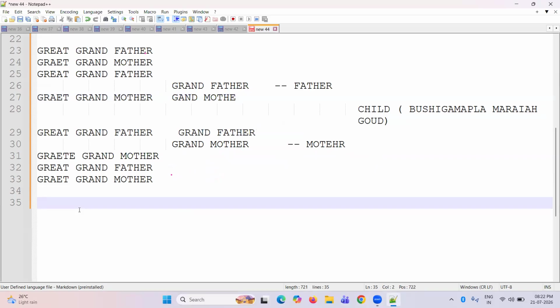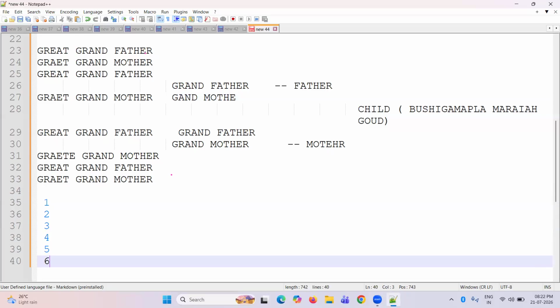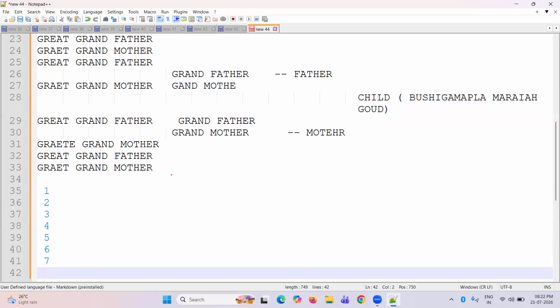Think like we have one model, two model, three model, four, five, six, seven, eight.